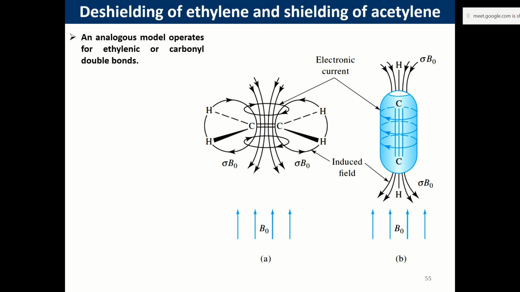A similar thing can happen to carbonyl compounds and double bonds. So we can have two things here, CC double bonds and CC triple bonds. In these cases also, when the magnetic field is applied, these are the external fields shown here, and there is circulation of electrons.